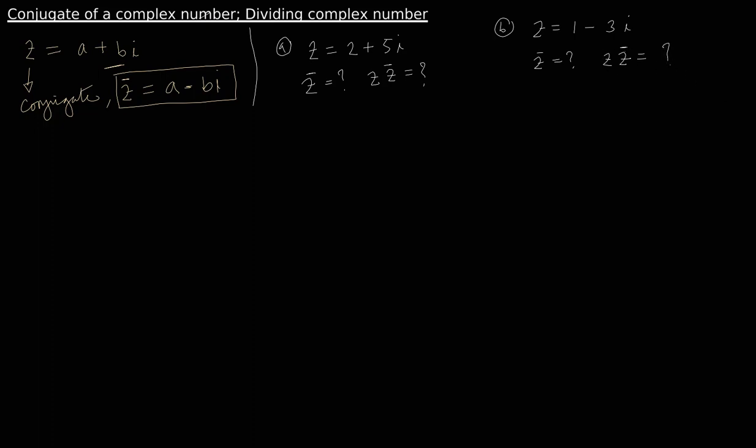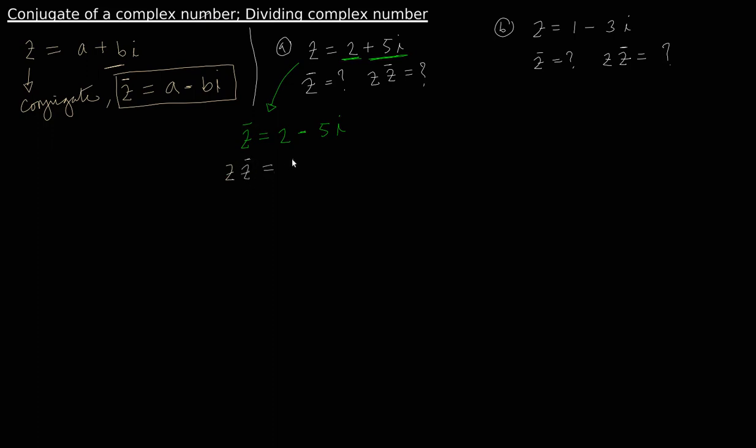So let's start. First of all, if I want to find z bar, the conjugate for this particular problem, I'm going to keep the real portion as it is, which is 2. Now the imaginary portion is positive 5i, and I need to flip the sign, so it will be negative 5i. So this is my conjugate number. Let's multiply z with z bar.